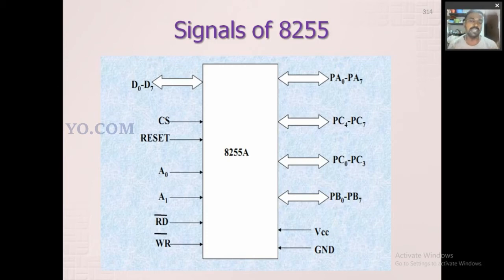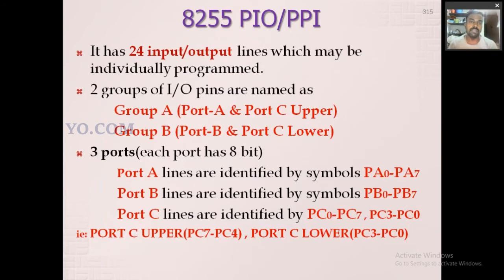All the registers and control words are reset to default level. Then A1 and A0 are used to control some operations; those are the lower address lines. Okay, right. Read and write are two control signals used to perform read and write operations in the internal registers of the 8255. Okay, so these are the signals of 8255.